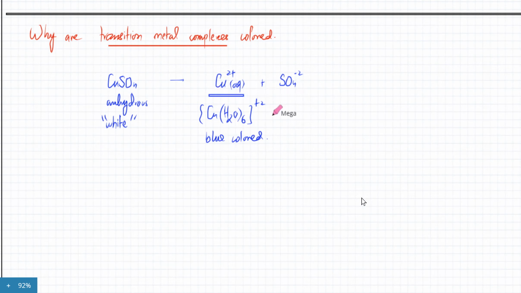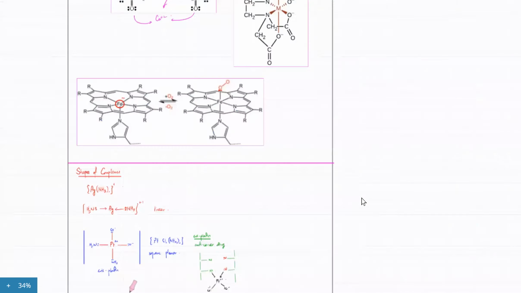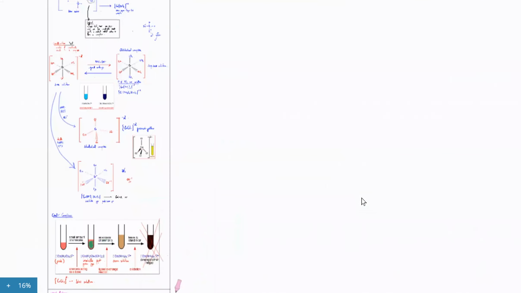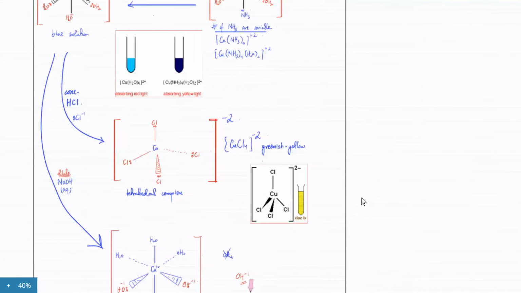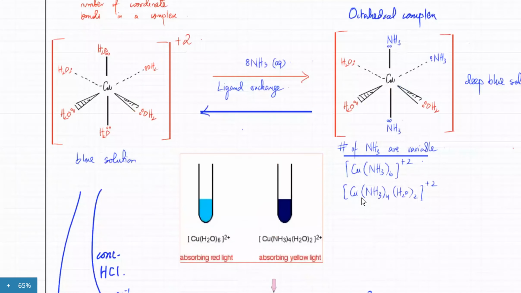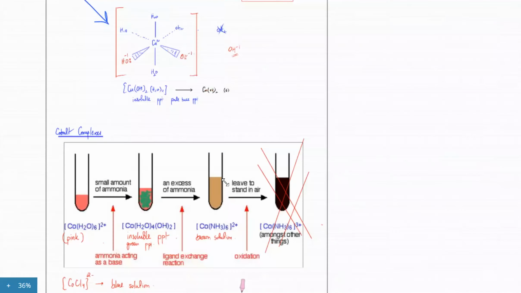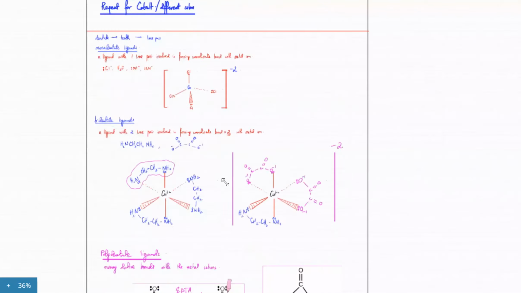The answer to that is, I'm going to copy one of the complexes that we have drawn earlier. Let's take the water one. Let's discuss why copper with 6 water molecules gives you a color.